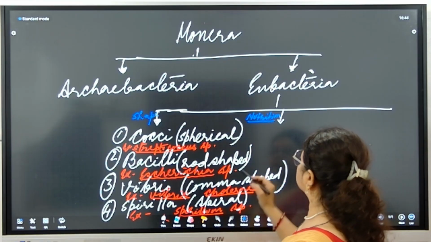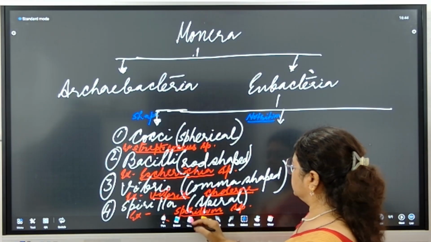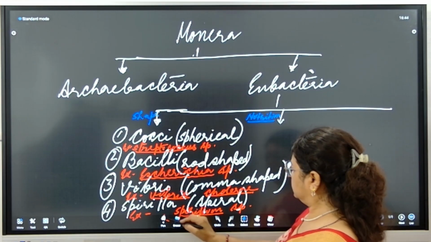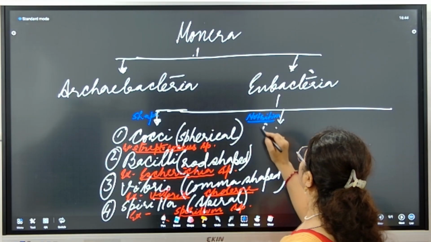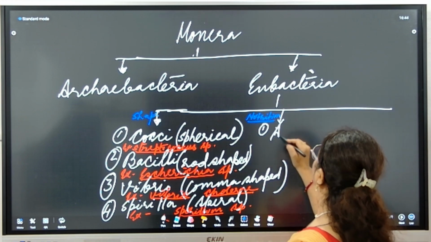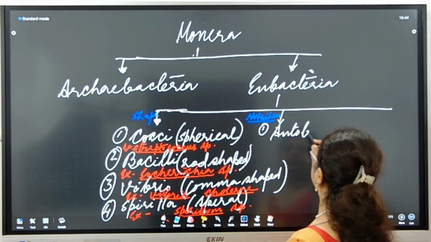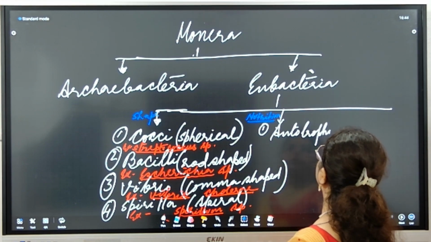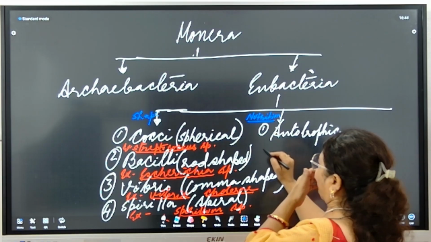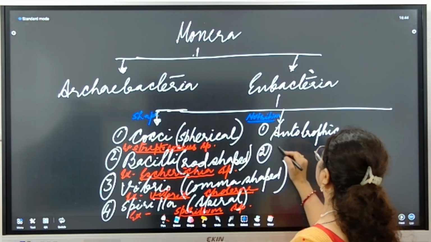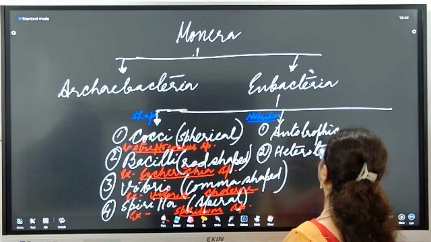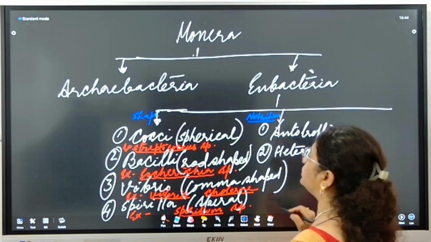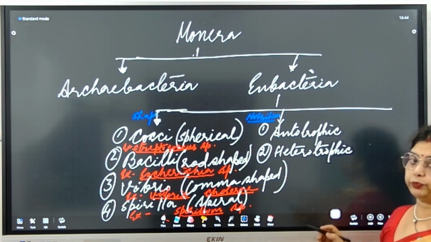With the white one, we will write number one, autotrophic, and number two, heterotrophic. Again the division is there, which you will get in the notes. As I said, I cannot write the whole thing on the board now.